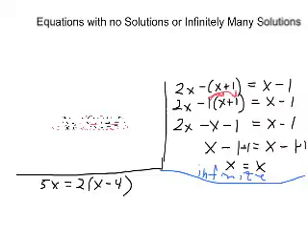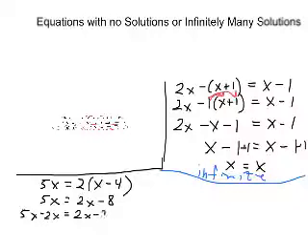Okay, since you're back now, assuming you did it, we have 5x. We'll do the distribution here. We get 2x minus 8. Then we're going to add a negative 2x to both sides to get our variable terms on one side. So we have 5x minus 2x equals 2x minus 2x, its opposite. And we end up with 3x equals negative 8.